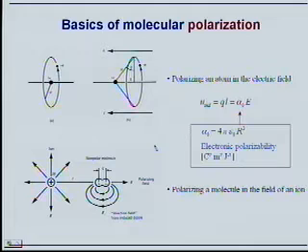This is an explanation of how this works if you just take a hydrogen atom. Typically, the negative electron is going to stay around the positive nucleus, and the net dipolar moment of this is going to be 0.